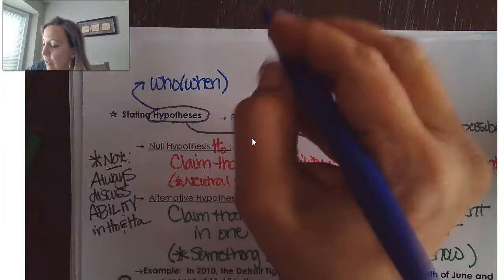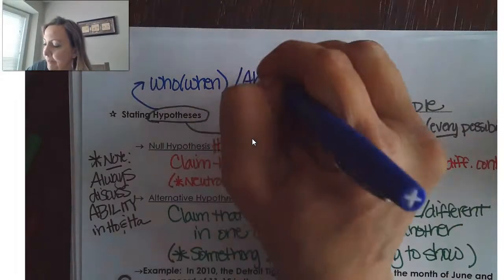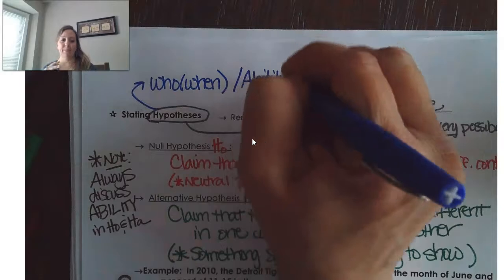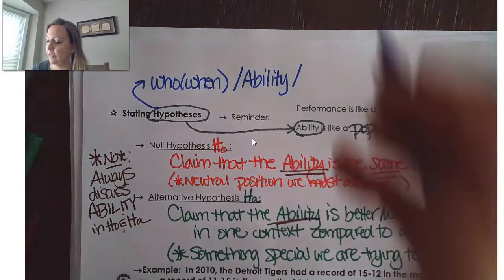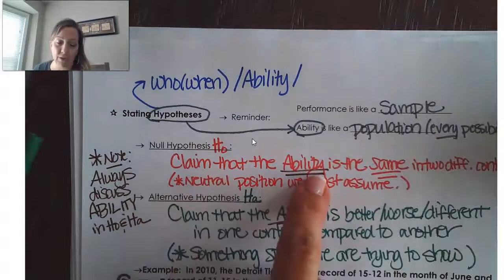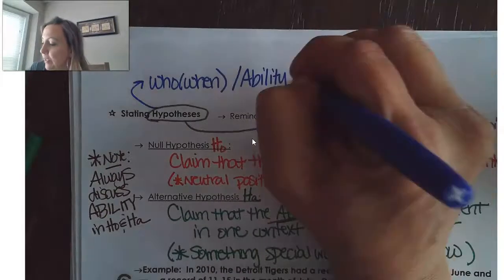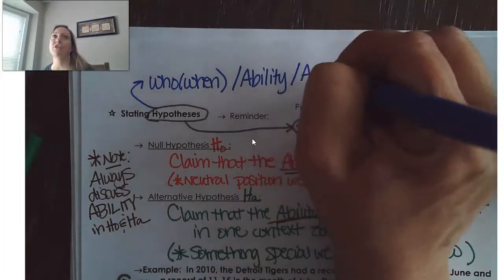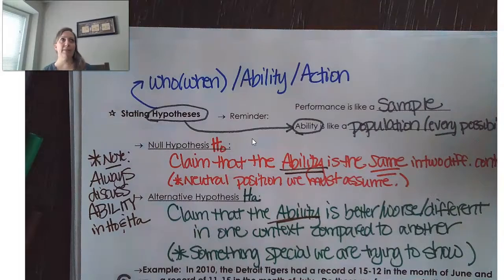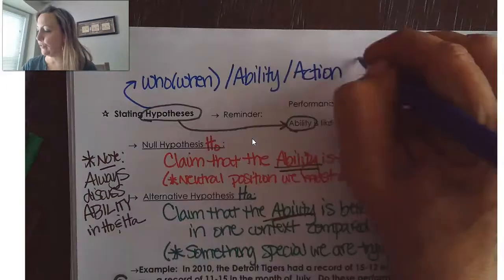We're going to talk about the actual ability, so again, the null will say same and the alternate will say that it's different somehow. We're going to be talking about the action in question. So, are we talking about the ability to win? Are we talking about the ability to make 3-point shots? Are we talking about the ability to grow plants? Okay. And then the two different contexts.